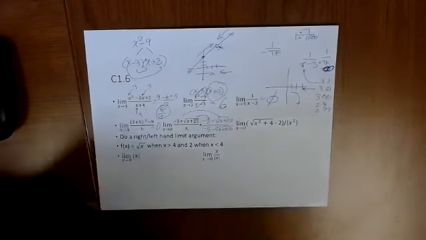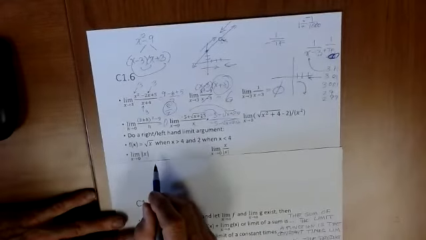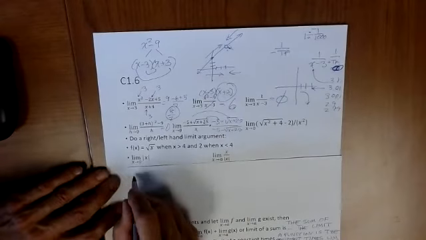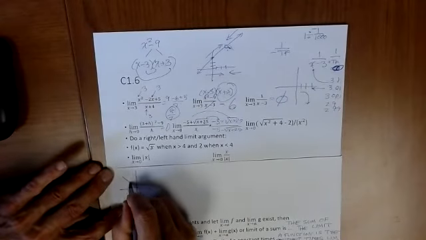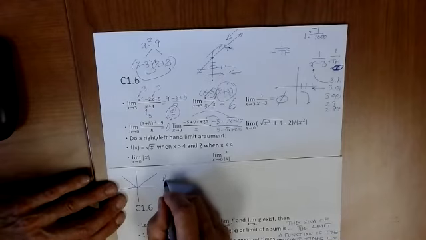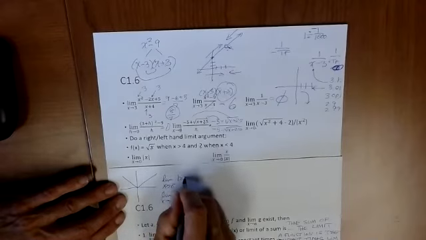Okay? How about a limit argument here? Here we know we're going to approach 0. This one is going to be easy. You know what the absolute value looks like. It's a V shape. So the limit as x approaches 0 from the left, limit as x approaches 0 from the right.